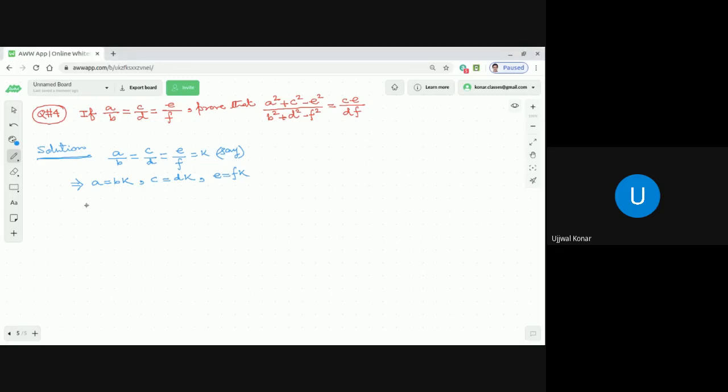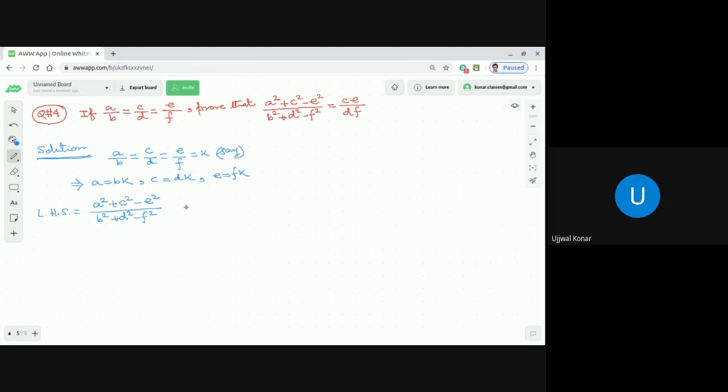Now let us find the left hand side. We are going to get A square plus C square minus E square divided by B square plus D square minus F square.